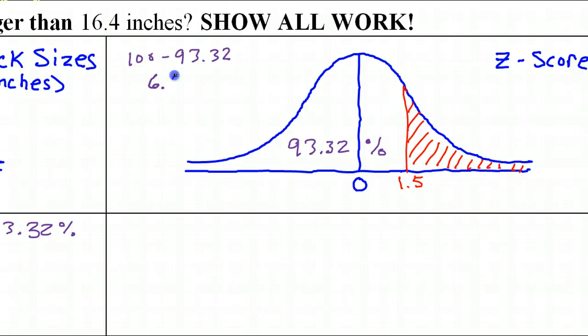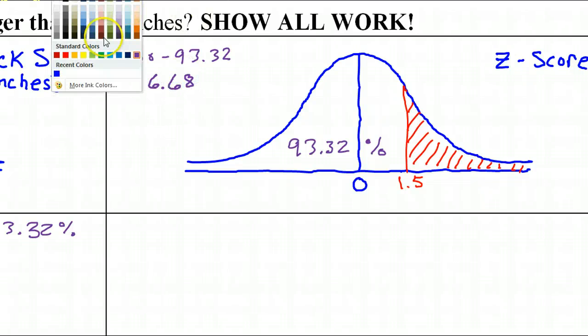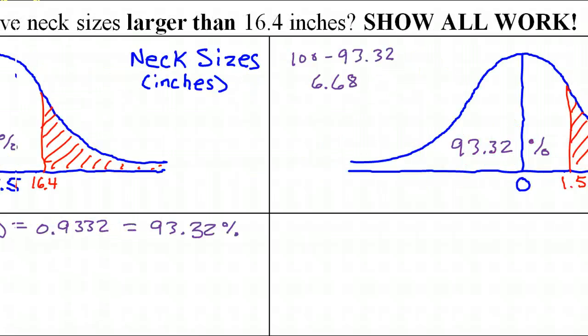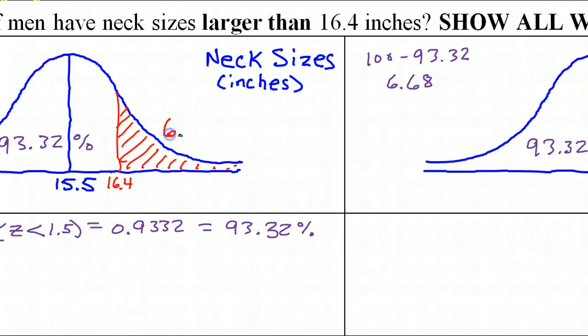And that turns out to be 6.68, which is why this part to the right is 6.68% of the data. So 6.68%, and that's the real answer that we're looking for.